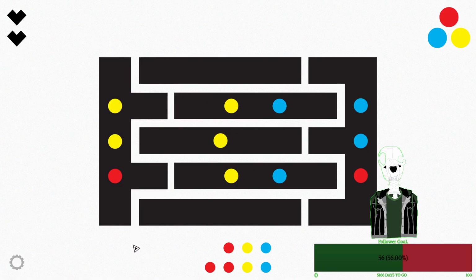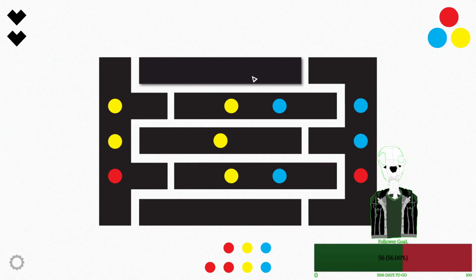There's something I'm missing. Is it possible? So these both need to touch one red, which could be any of these ones in the middle because they all touch each other. But we definitely know one of these is designed for red.